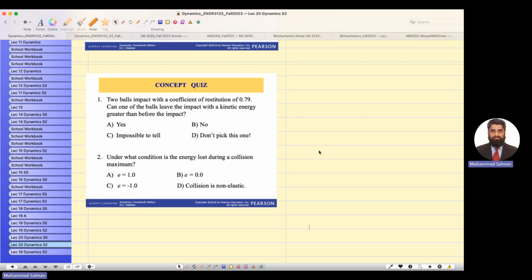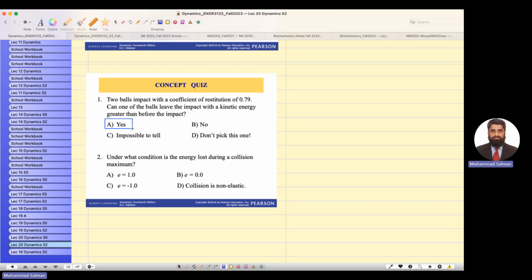Okay, can you answer the first question? What do you suggest, your professor? Can you try again? A is correct because it is possible, because we don't know the masses. Only the coefficient of restitution is not the defining answer. It will tell that the final velocity of one particle will be greater than the other. The masses are also playing an important role.